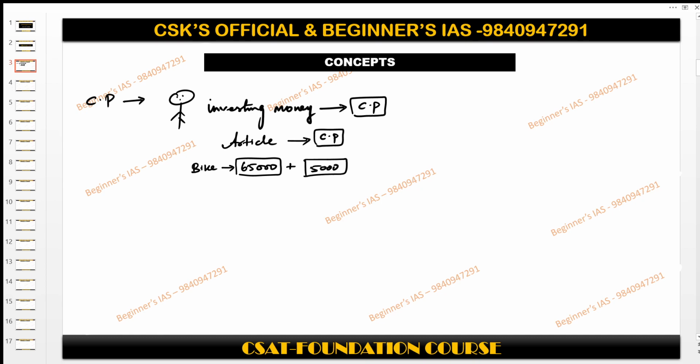Altogether, this 70,000 is considered to be the cost price. Whatever investment you are making on that, or putting on the article, everything comes under the cost price. Even transportation is also cost price. Any doubt with the cost price, you can ask.